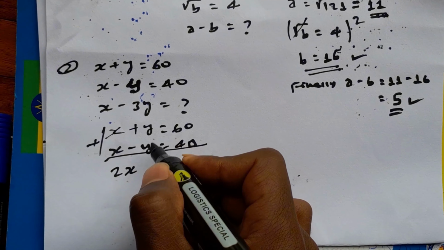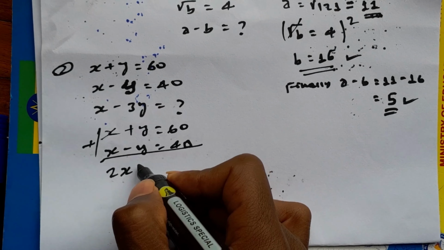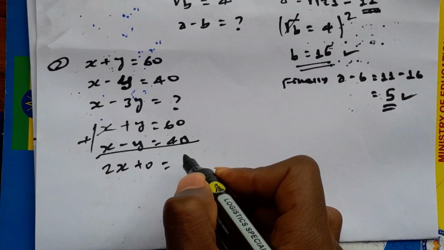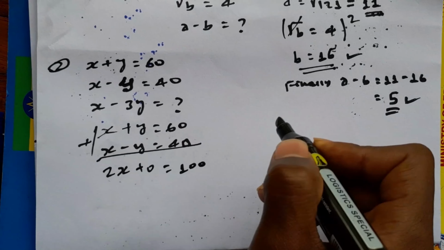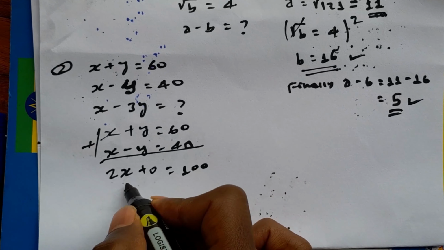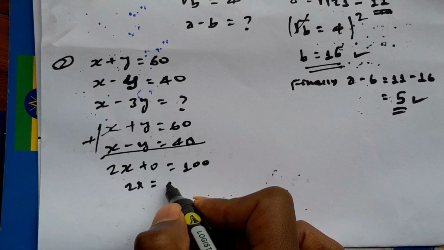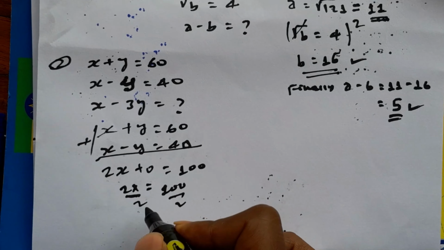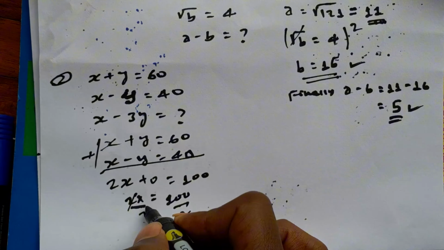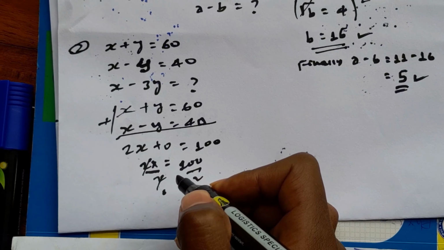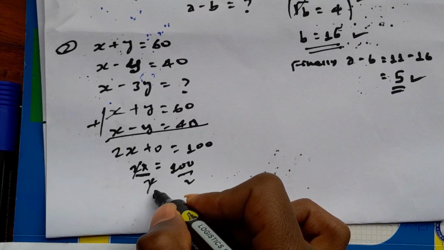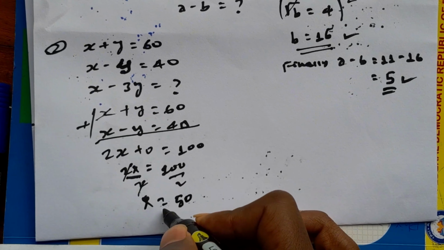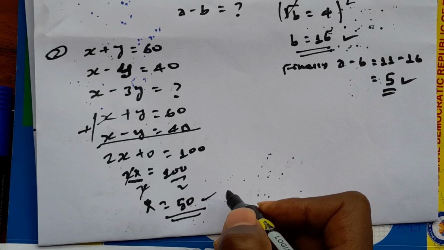Y plus minus y means 0. After that, 16 plus 14 means 30. Later, 2x is equal to 30. Divided by 2 on both sides to find the value of x, the 2s cancel each other. After that, x is how much? 15.